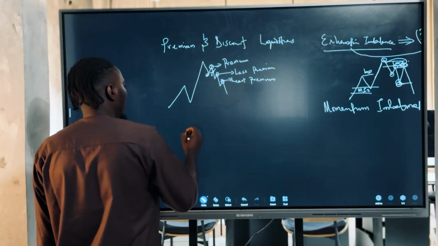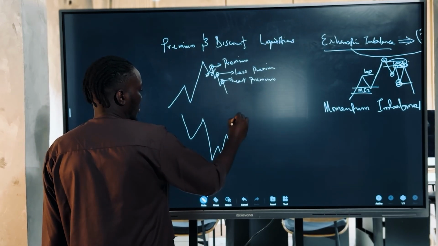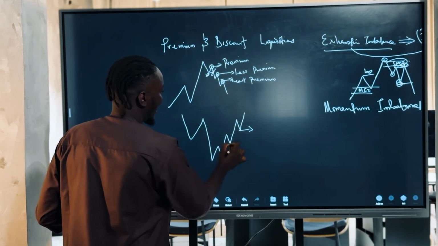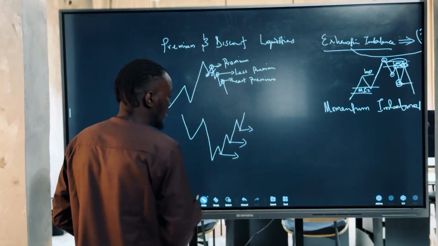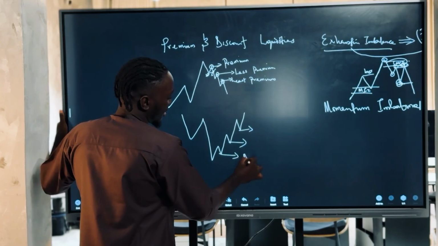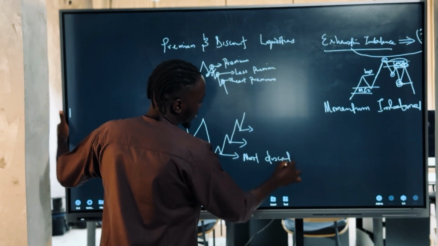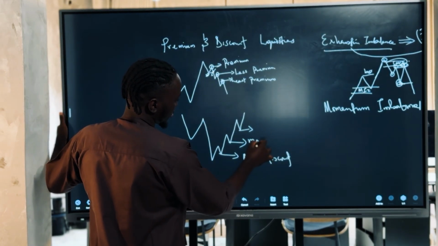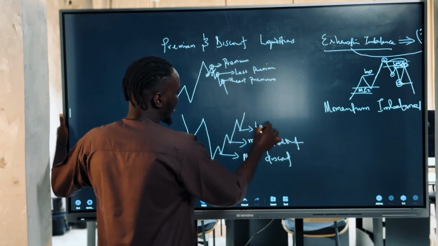Now, for a buy scenario as well, okay? I don't know which one is correct out of the two. But the major thing here is that the most discounted liquidity is this one here. Most discounted. So maybe more discounts, maybe less discounts.